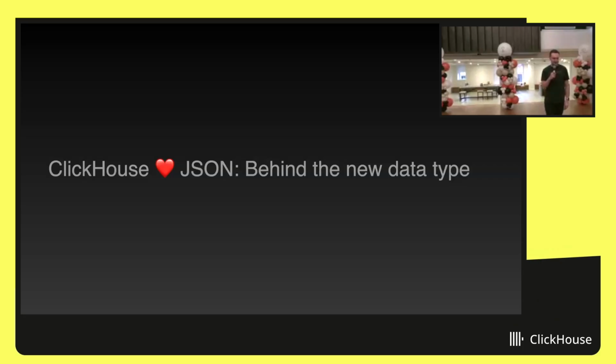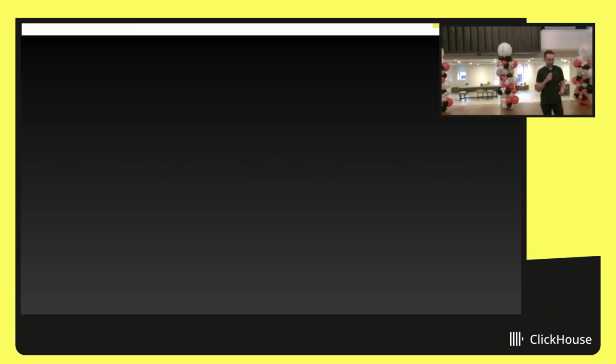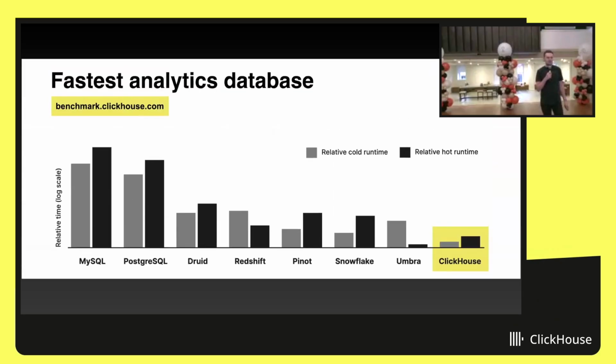Let's talk about the latest addition in ClickHouse, the new JSON data type. But first, let's start with the facts. ClickHouse is the fastest analytics database.